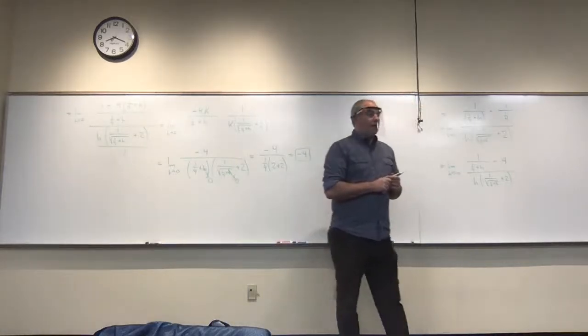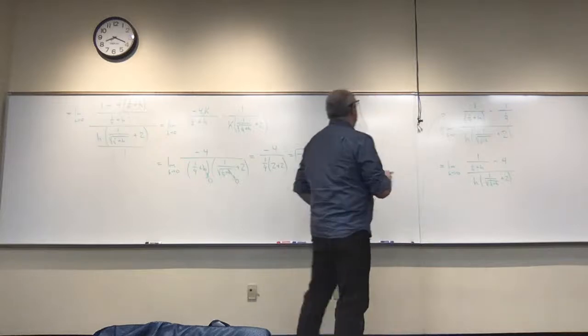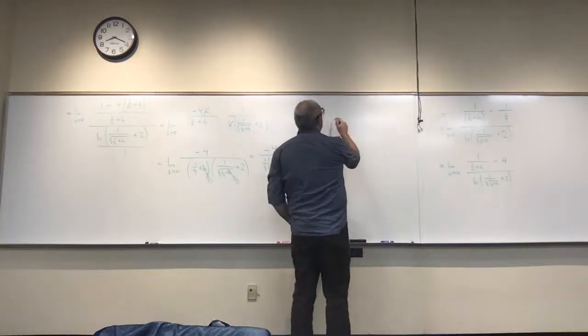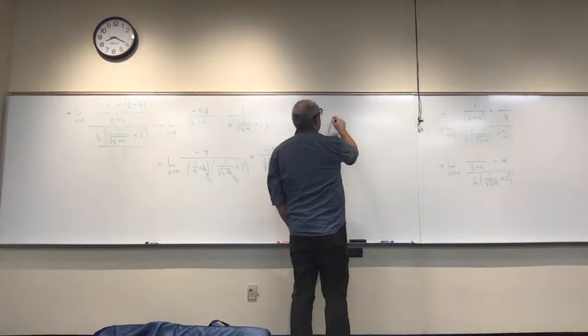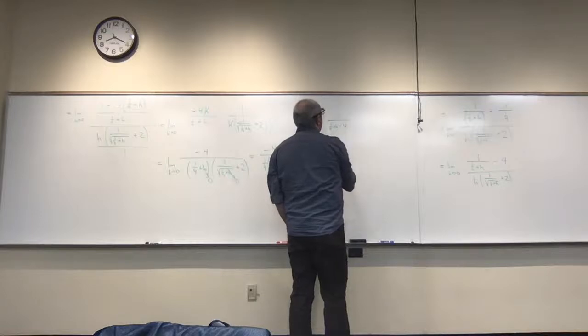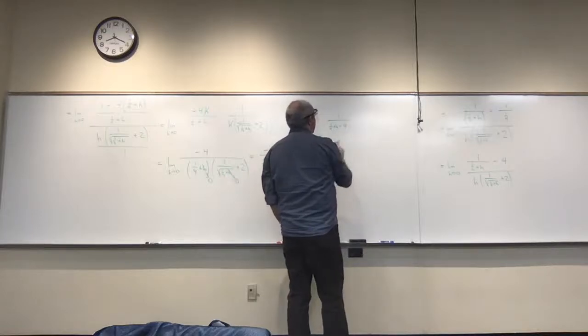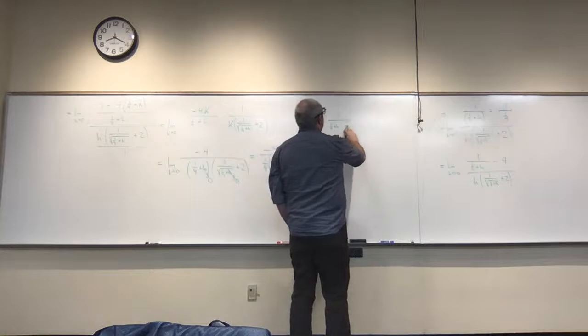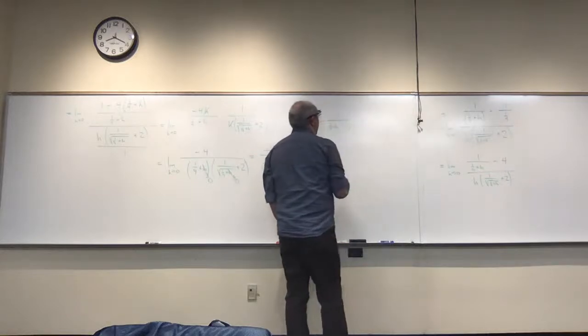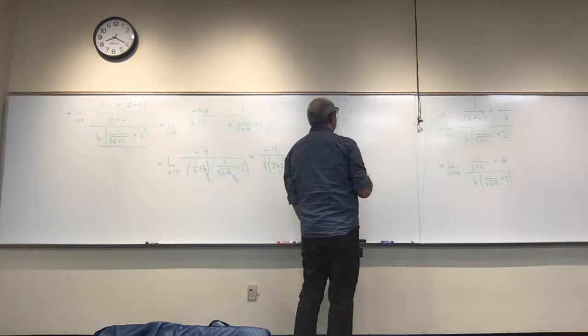Okay, so say it again. Before you had 1 over 1/4 plus h minus 4. The minus 4 is right next to the fraction. Oh, over here, -4. Yeah. But then you somehow turn that into something else.